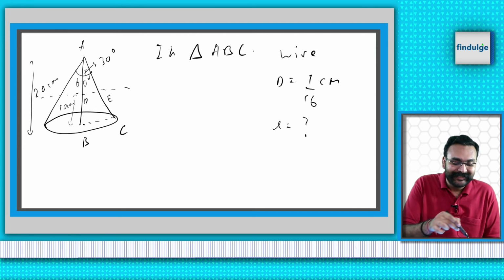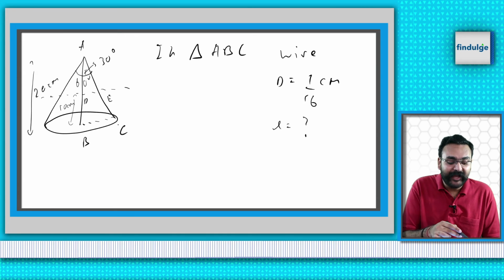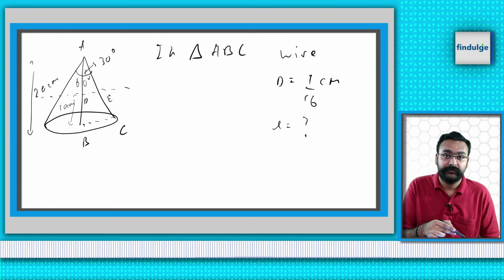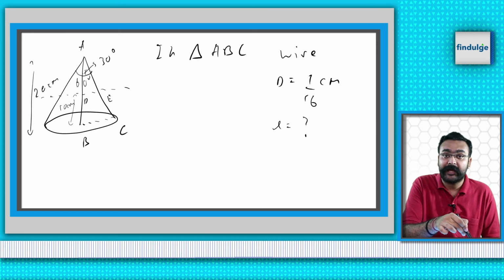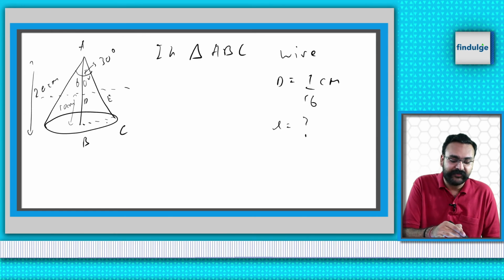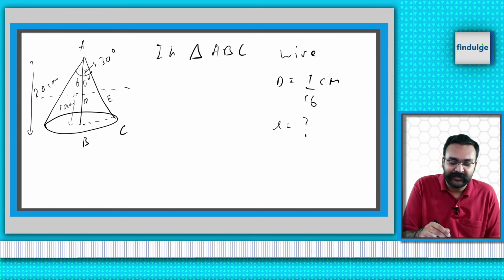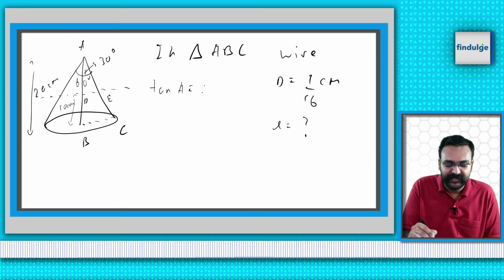ABC, I want to get BC. I know the length AB. From the perspective of the 30-degree angle, this is the perpendicular and this is the base. So I will get tan angle A is BC upon AB.